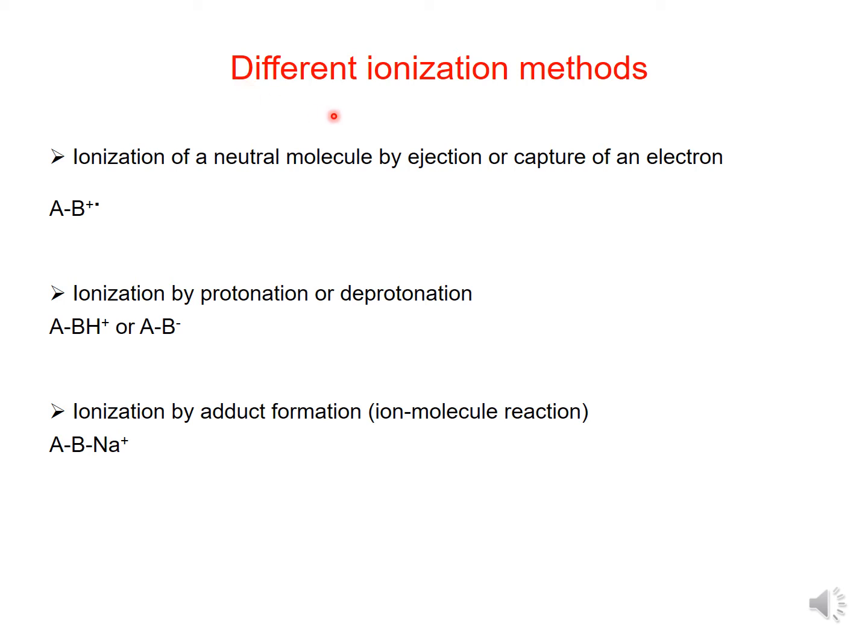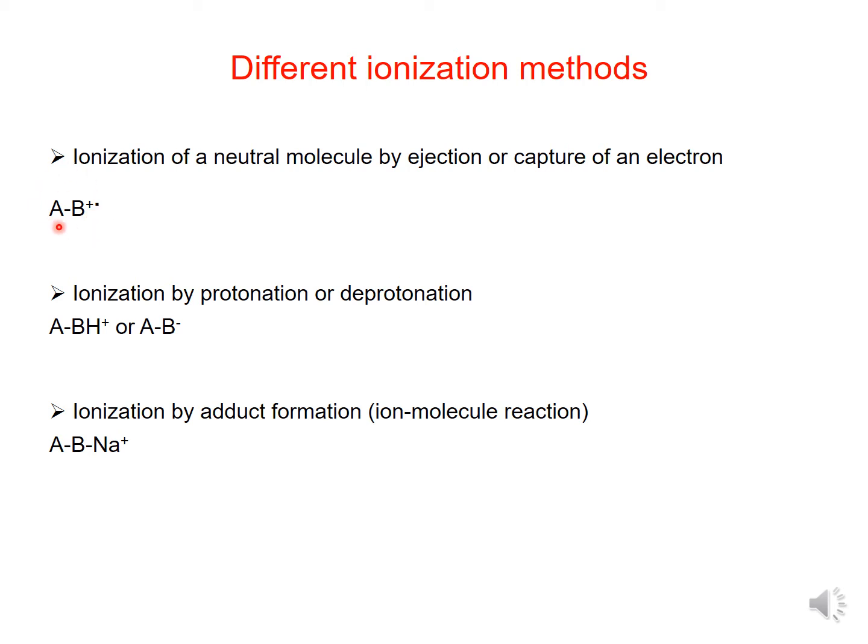So there are different types of ionization methods, and I already spoke about that in my introduction and in the last session. There is the possibility to ionize neutral molecules by ejection or capture of an electron. Here you have a molecule AB, and an ejection or a capture of an electron.